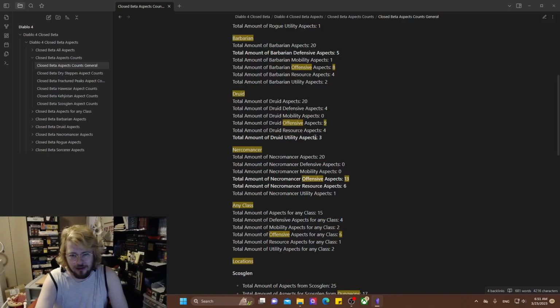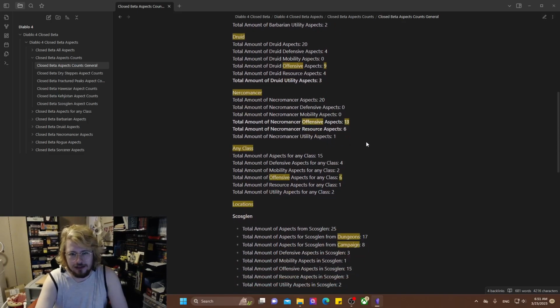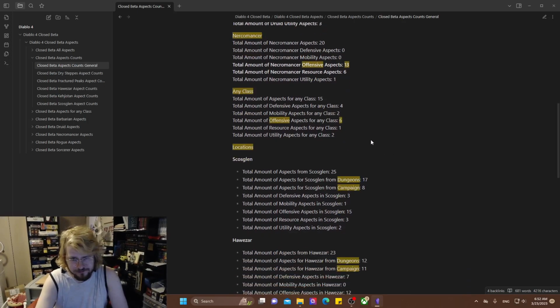And the Druid has the highest amount of utility aspects out of all the classes. The Necromancer has 20 total aspects, 0 in defensive, 0 in mobility, 13 in offensive, 6 in resource, and 1 in utility. The Necromancer had the most offensive aspects and the most resource-based aspects.